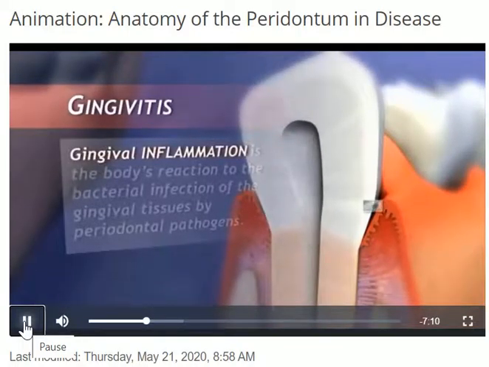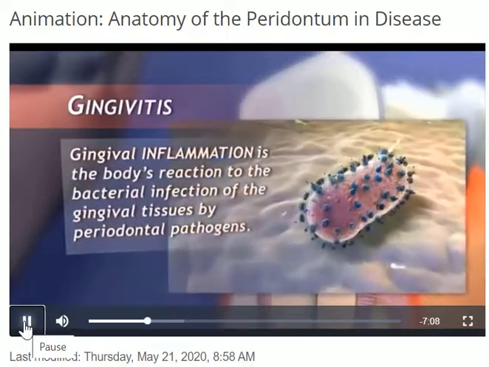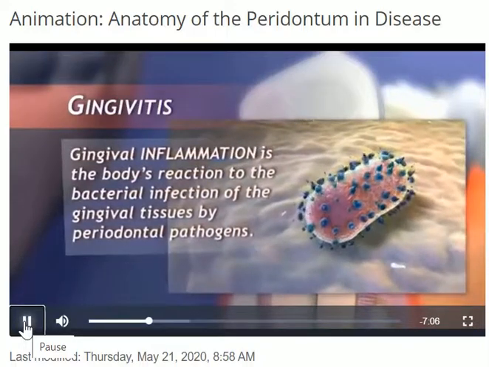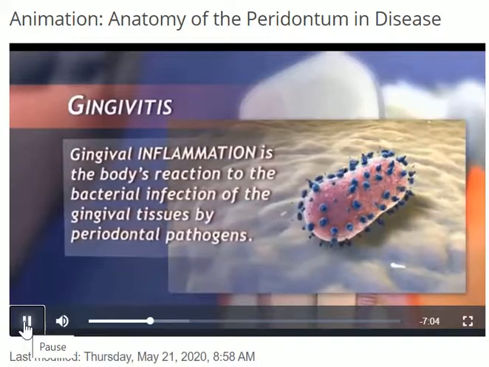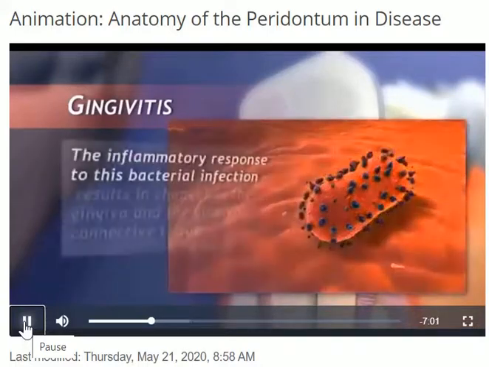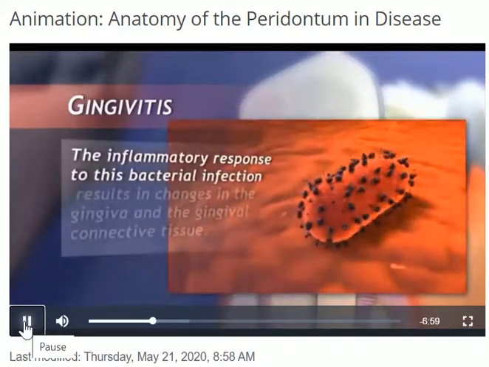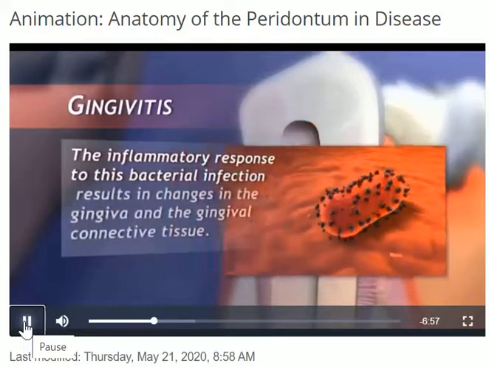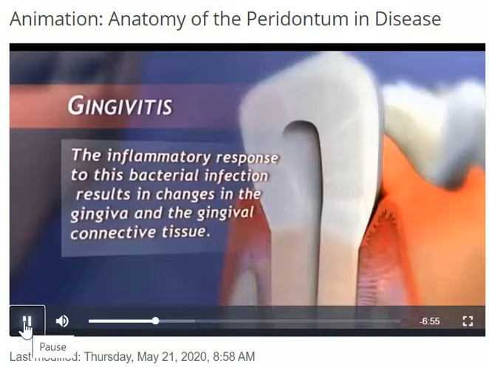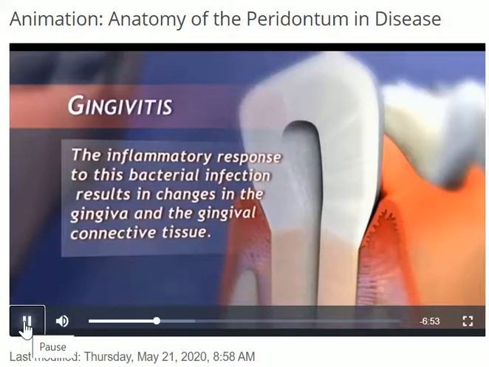Gingival inflammation is the body's reaction to the bacterial infection of the gingival tissues by periodontal pathogens. The inflammatory response to this bacterial infection results in changes in the gingiva and the gingival connective tissue.